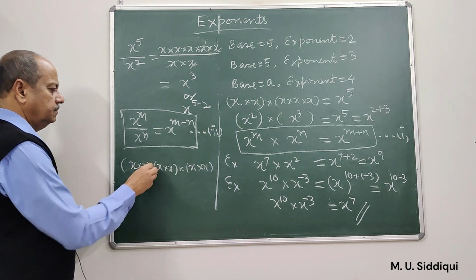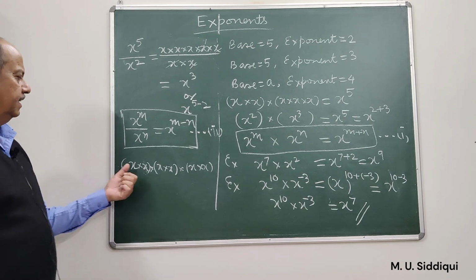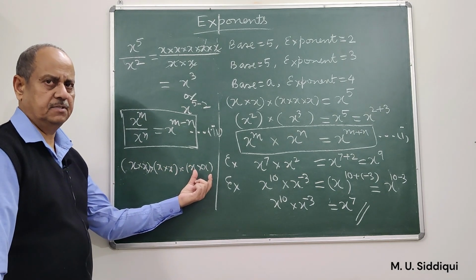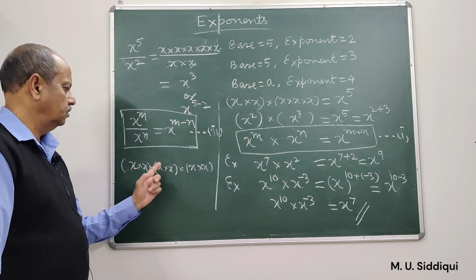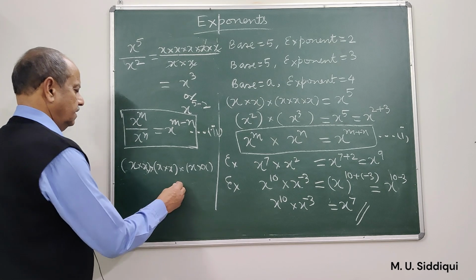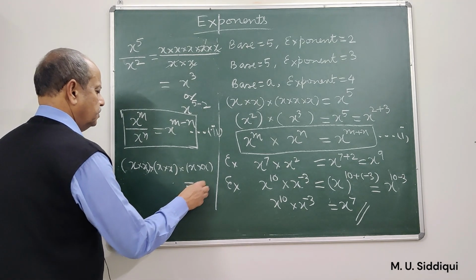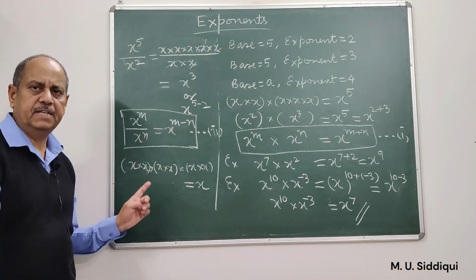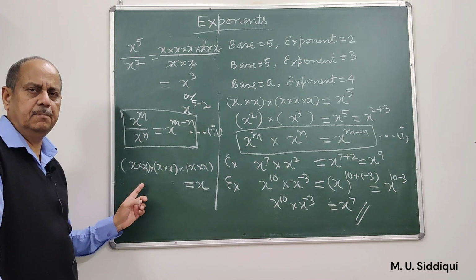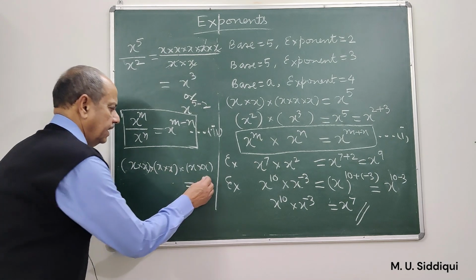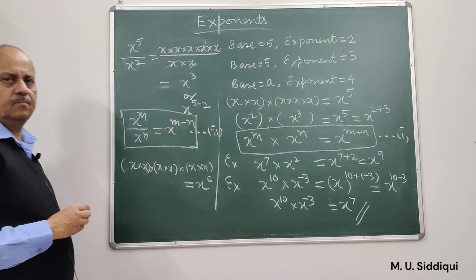We are taking a group of x into x, x into x and x into x, 3 times. What is the result which you get? How many times are you multiplying x with itself? 1, 2, 3, 4, 5, 6. You are getting the result as 6.